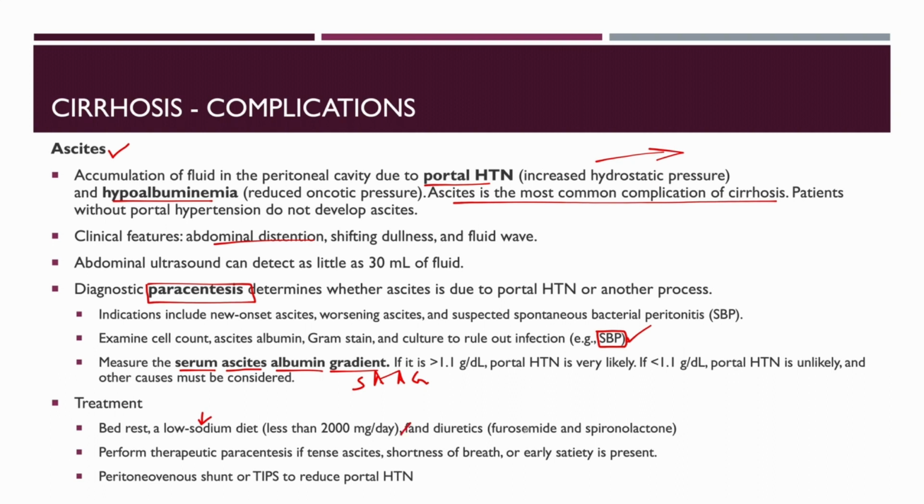We usually use a combination of furosemide and spironolactone. If it gets really uncomfortable or we're concerned about an infection, we can do a paracentesis to help alleviate some of that, and also to run the fluid for analysis. And then we can do other things such as a TIPS procedure to try to reduce the portal hypertension, which would then reduce the ascites.